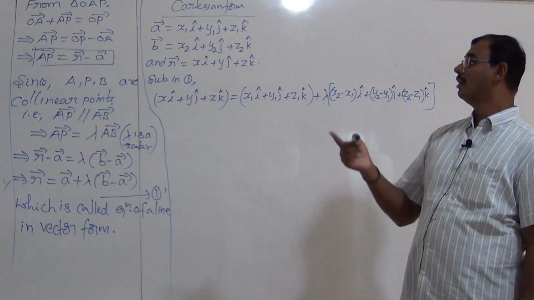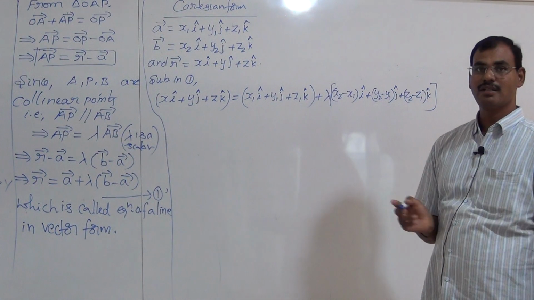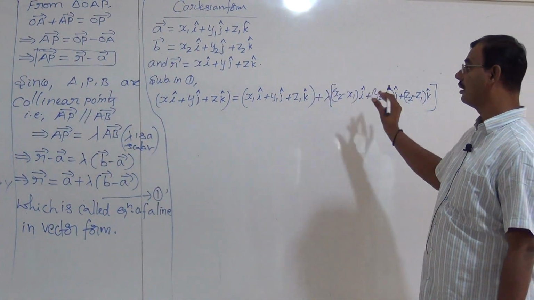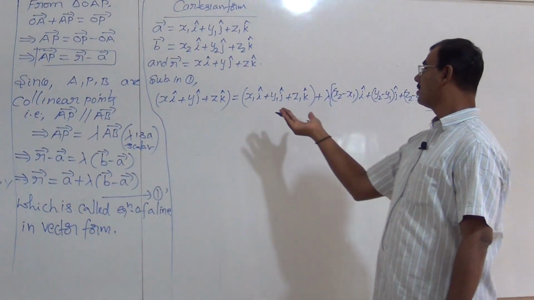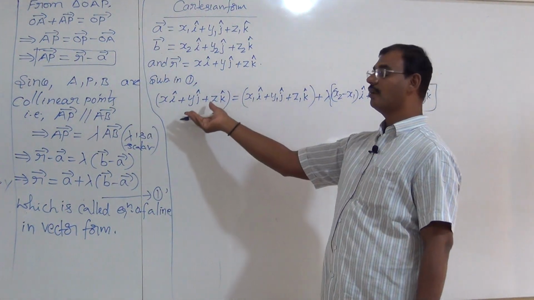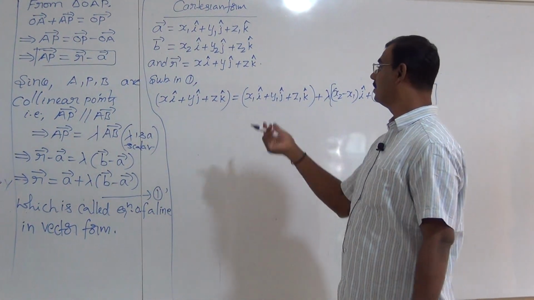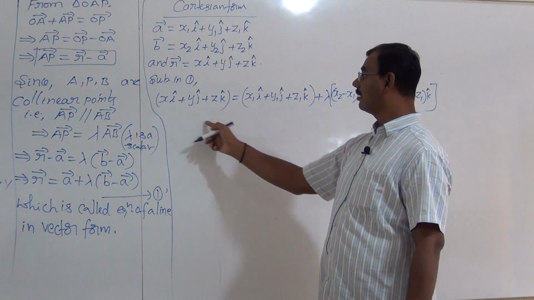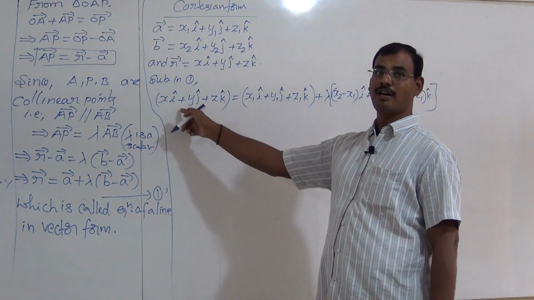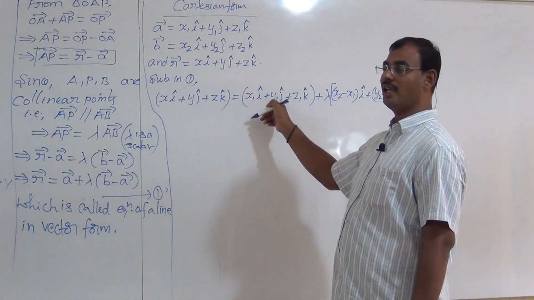So this is the substitution in equation 1. Now simplify. Taking this term on the left side, do we get common terms? Yes. What are the common terms here? i, j, k.